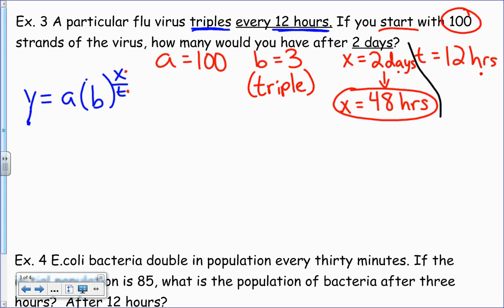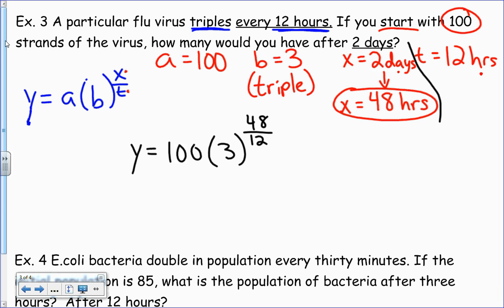Separate these out for you. For my t value, I'm using 12, x value is 48, b value is 3, a value is 100. From here, it's a matter of writing them in the equation. A is 100, b is 3, x is 48, and my time it takes to repeat is 12.